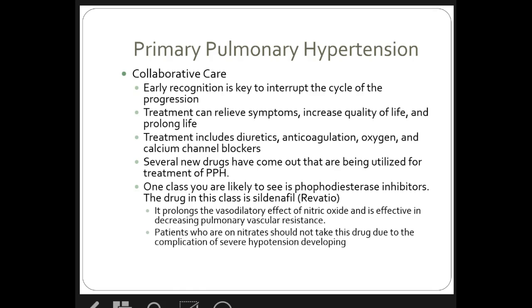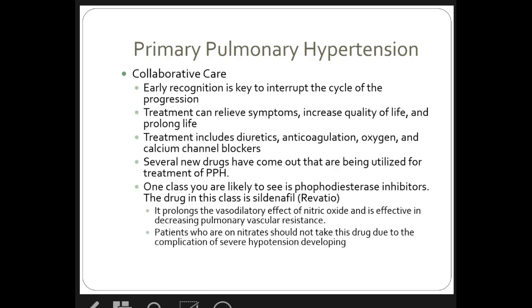Hypoxia is a potent pulmonary vasoconstrictor, so our goal is to utilize oxygen and to maintain their O2 sats greater than 90%. Calcium channel blockers such as Procardia and Cardizem actually dilate constricted pulmonary arteries and thus reduce pulmonary hypertension.